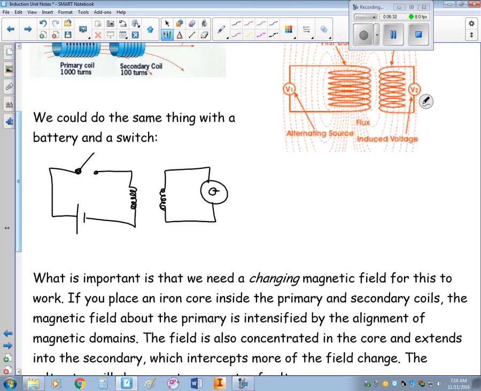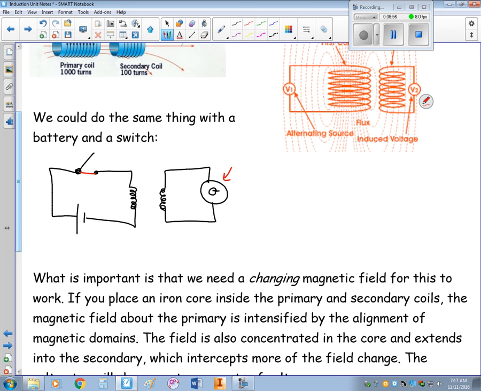When you would close the switch, the electrons would start to move, and it would generate a reading just for an instant. Once these electrons become stable, once they stop accelerating and move at a constant velocity, you will no longer get a reading on the secondary coil.